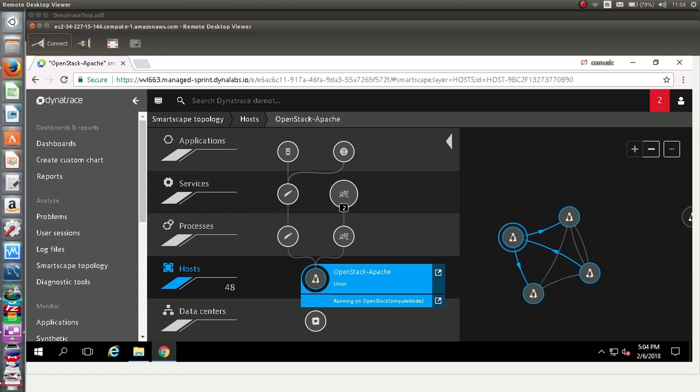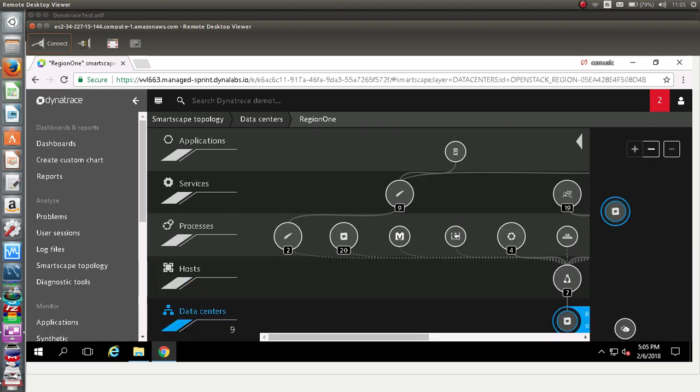And then on the lower level of our analysis, we have the data centers. Okay, here we have the data centers.